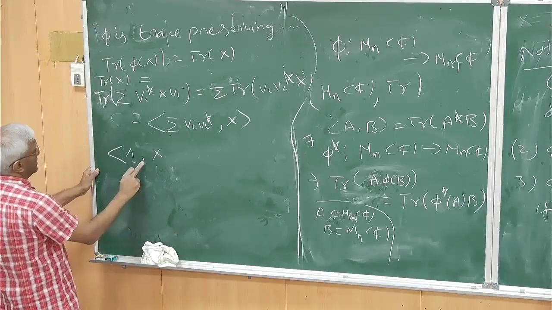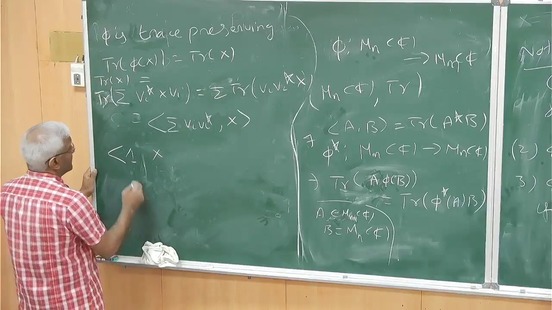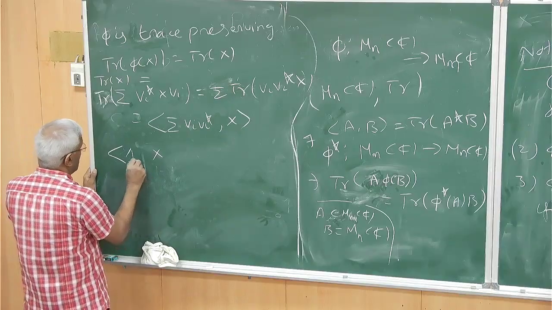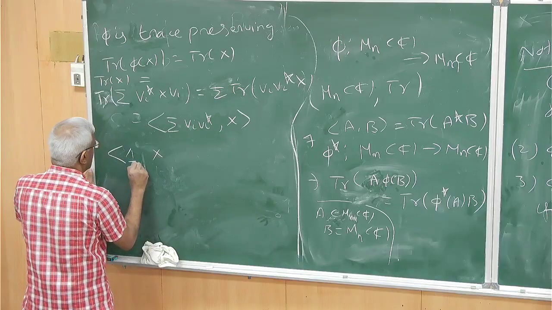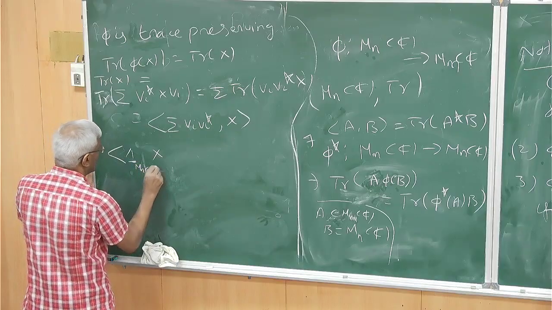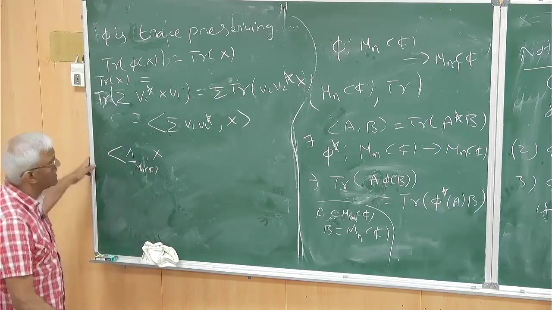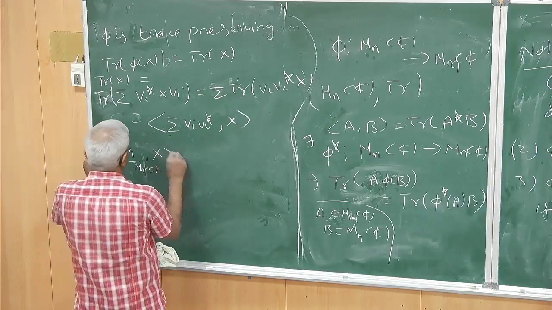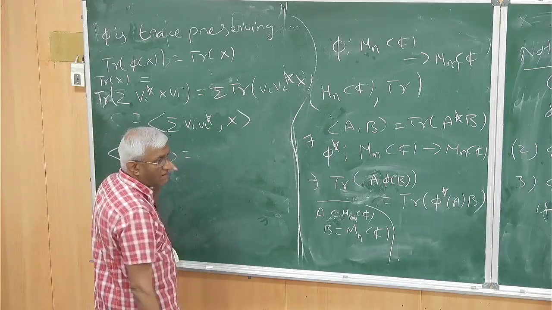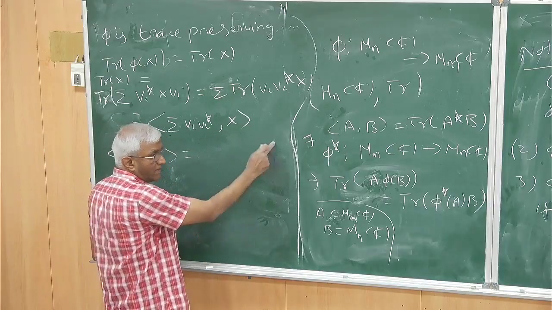This 1 is on MNC, right? Okay. Inner product with x is the same as, vi is an operator from Mn to MNC.